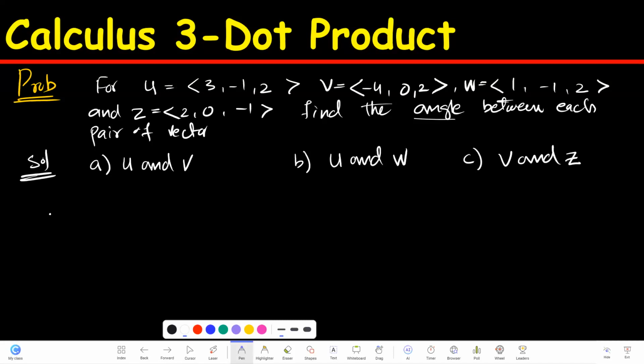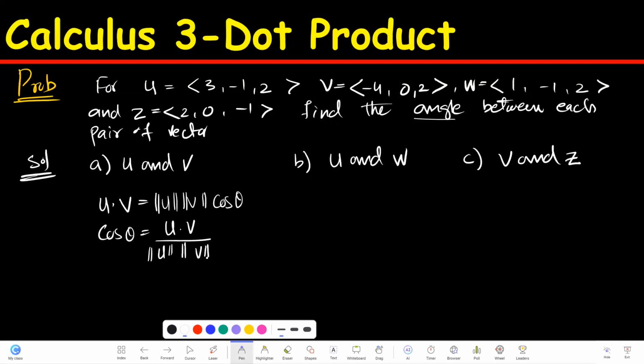Okay, let's do A. So I'm going to say u dot v equals the magnitude of u, and then the magnitude of v, cosine theta. Then cosine theta equals u dot v over the magnitude of u times the magnitude of v. Okay.